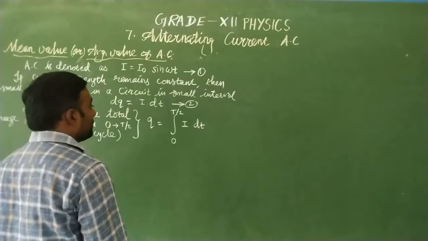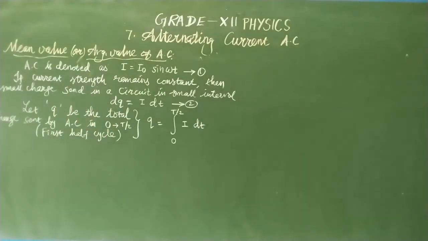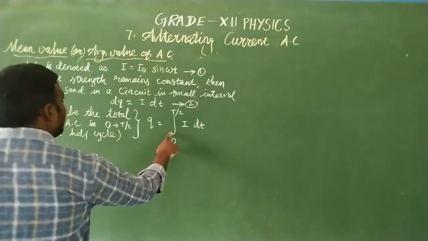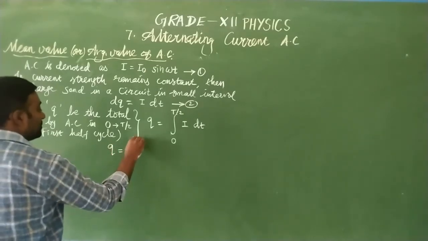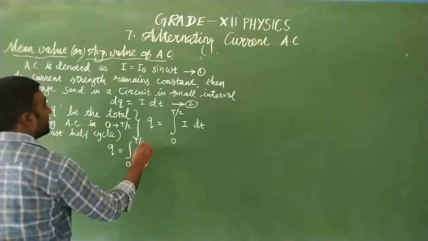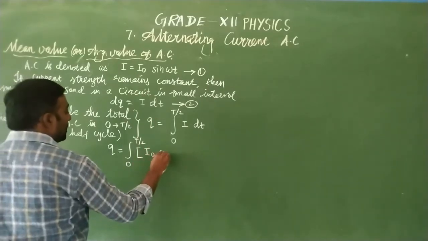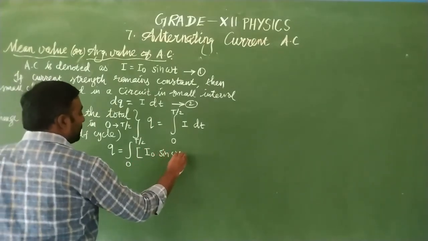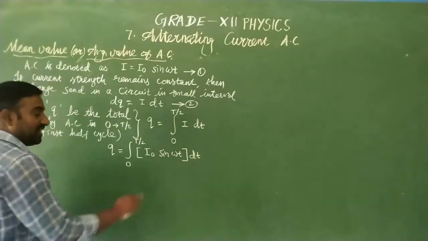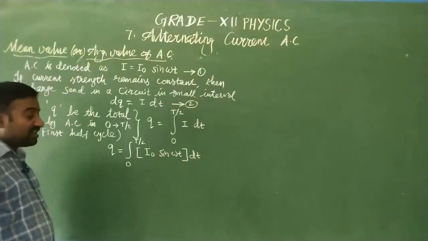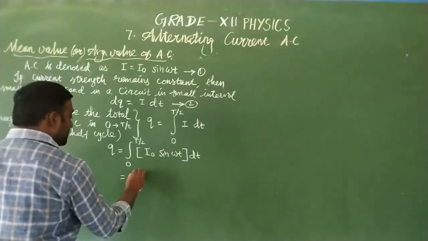Substitute the value of I. We know the value of I already. So Q is equal to the integration from 0 to T by 2 of I naught sin omega t into dt. I naught is a constant, so the constant cannot be integrated, we can take it outside.